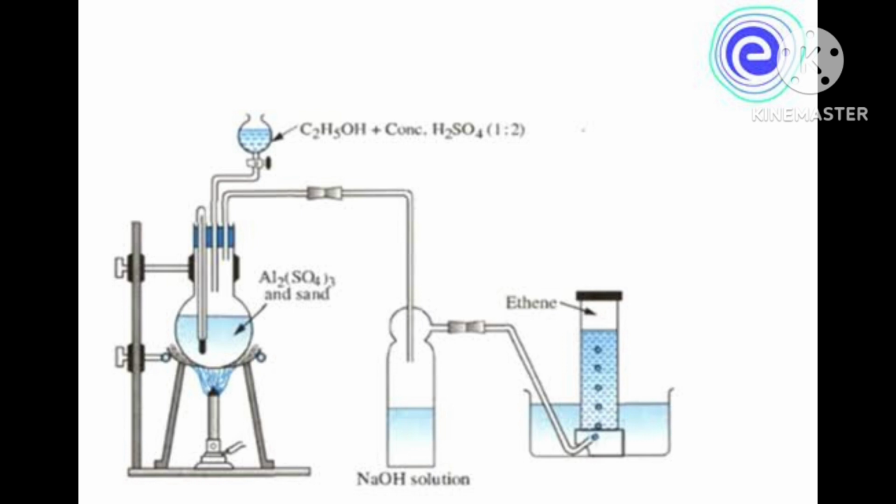Both carbons have one hydrogen each. Then ethyne plus H2 will form ethene, carbon double bond carbon, C2H4. But now the catalyst is palladium and carbon only. So ethyne gives ethene.